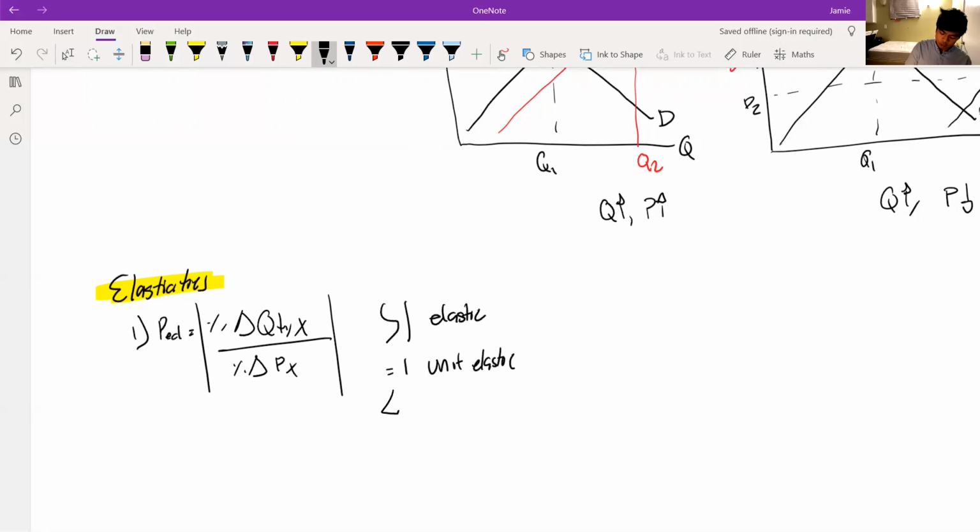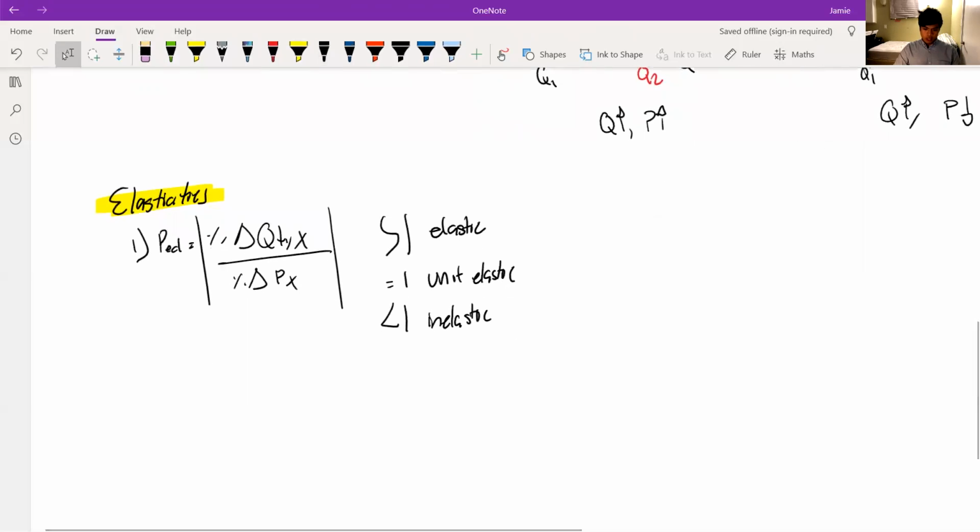If it is less than 1, it is inelastic. You could have extreme cases such as perfectly inelastic and perfectly elastic, and those are the far ends of the spectrum.